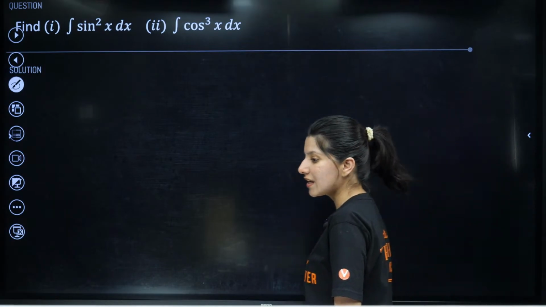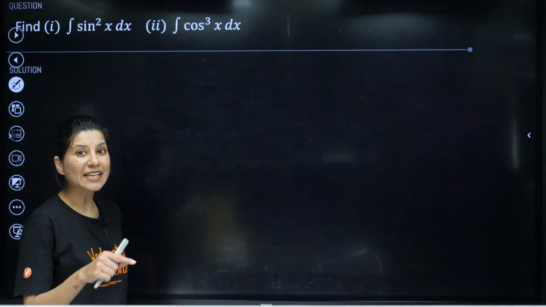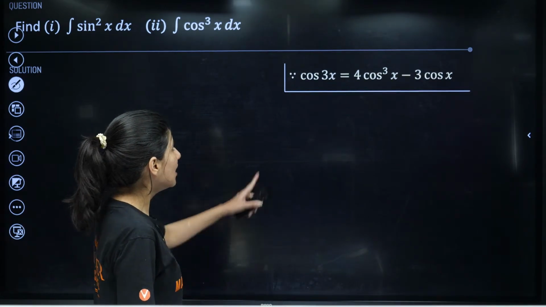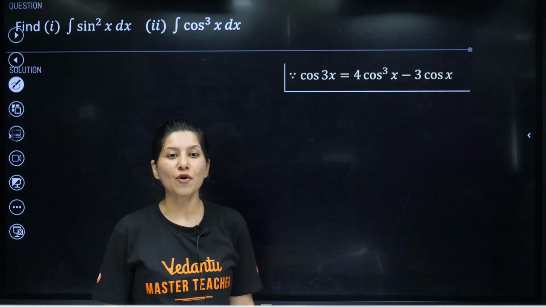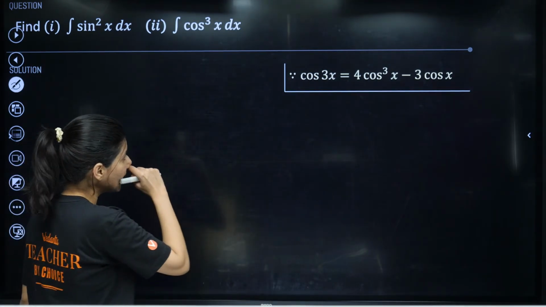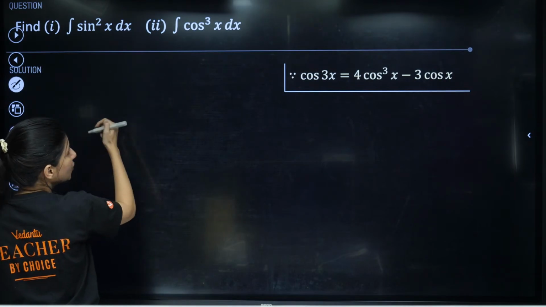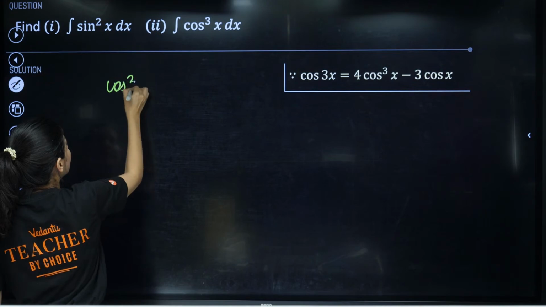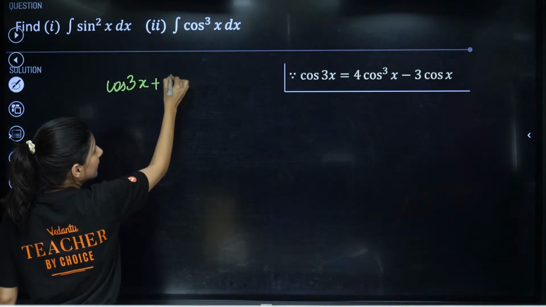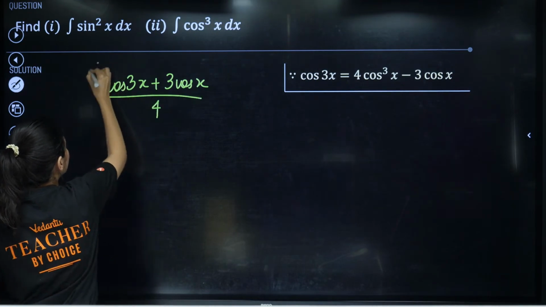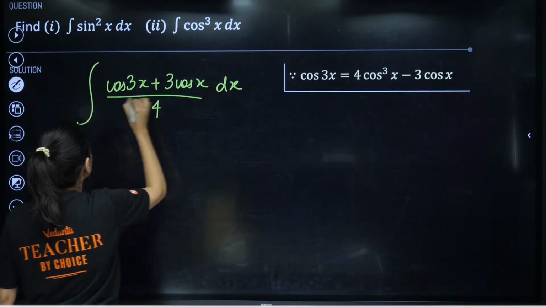Chalo, cos cube x. How will you do that? For cos cube, remember the formula for cos 3x. How many of you remember that formula? Cos 3x is 4 cos cube x minus 3 cos x. So from here, let us calculate the value of cos cube x quickly. This is going to be the integral of cos 3x plus 3 cos x upon 4 dx.